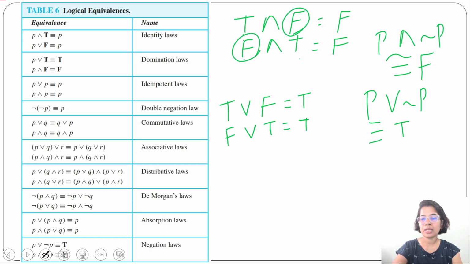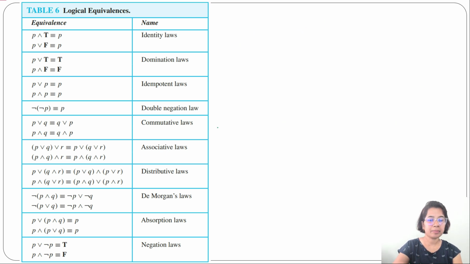When false and something, it will be false. That's why P and negation P is always false, and P or negation P is always true. It's our negation law. So any proposition or with its negation will always be true, and with its negation will always be false. Just remember these logical equivalences with their names.